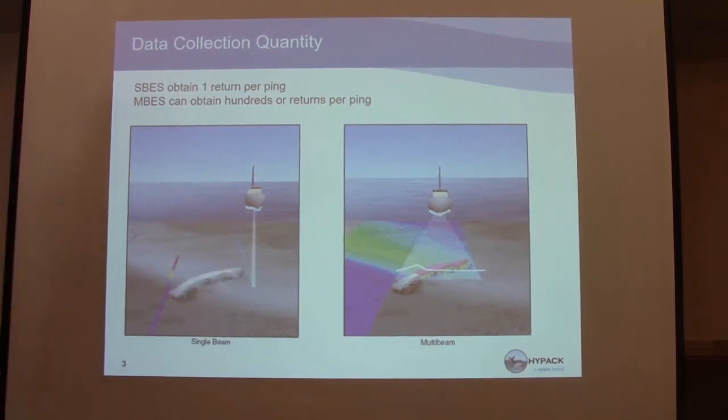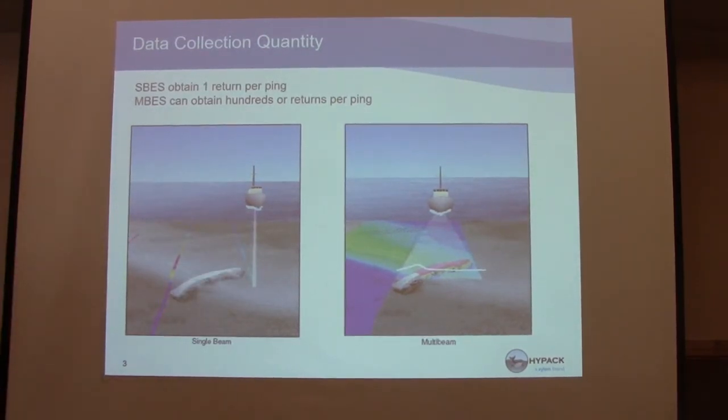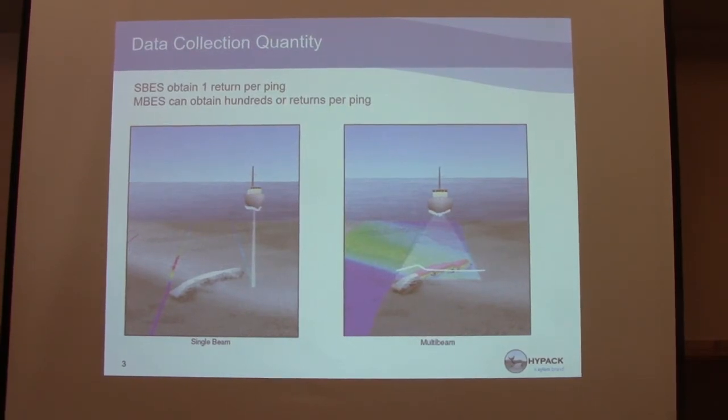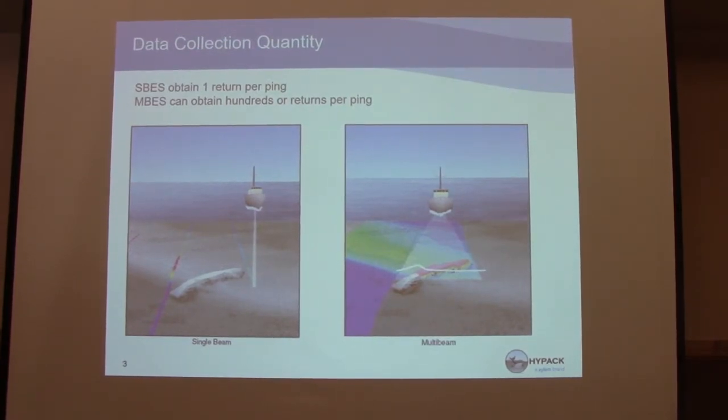And with single beam, it's really like your nadir beam. It's just a straight down sonification with a footprint size of whatever transducer beam width you have. Typically, what do we see for beam widths for single beams? 3 degrees. 3.8. What about low frequency? Oh, 10, 12, much wider beam.